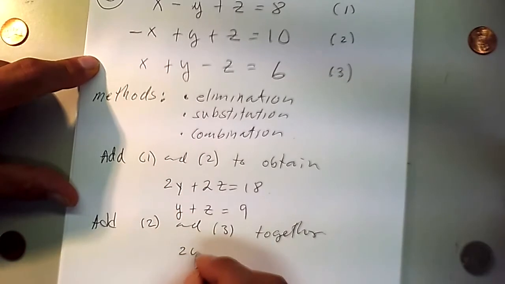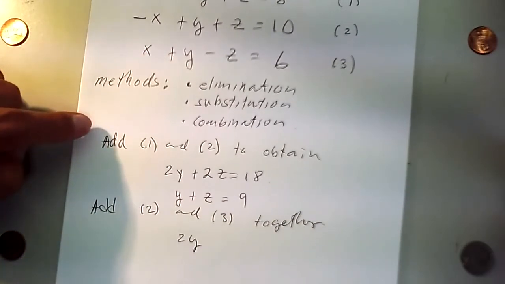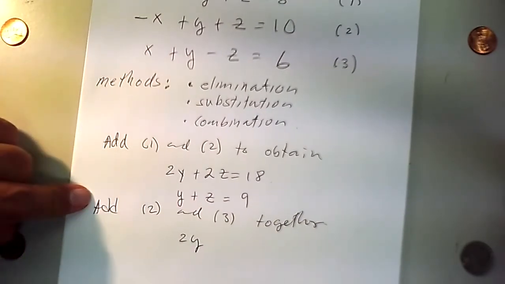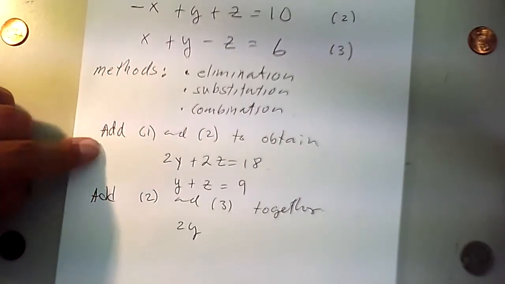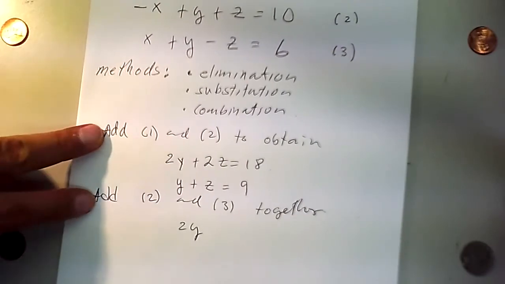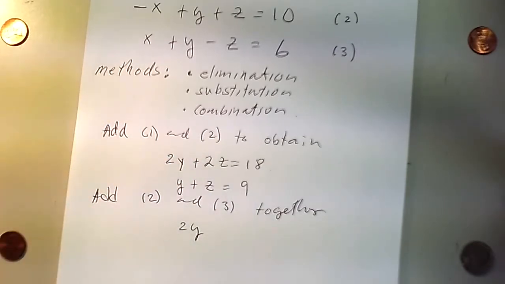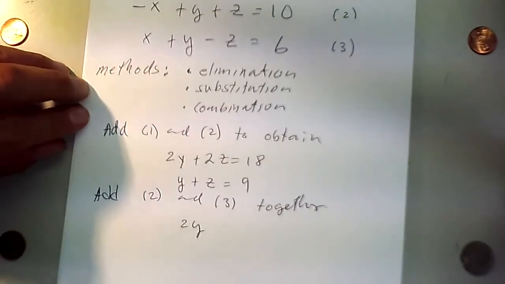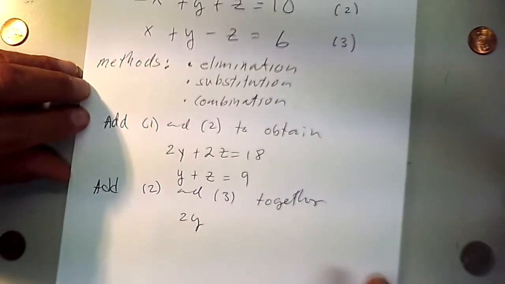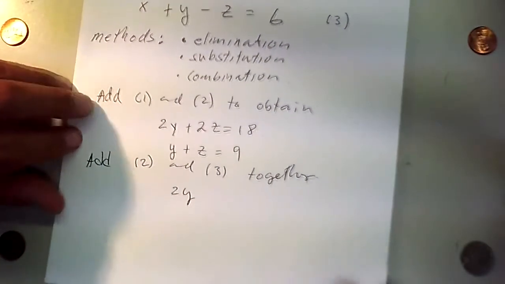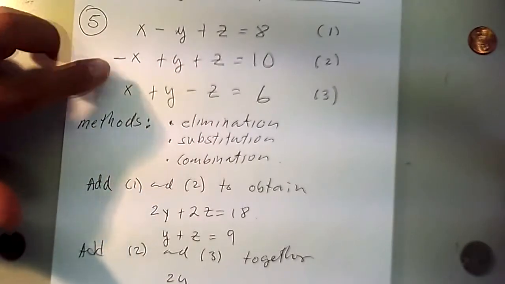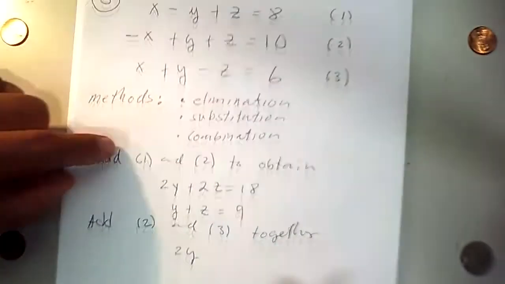And it is a good idea to write down what you're doing. You may be thinking, well, all we care about is the solution. Yeah, but we want to have a systematic way of working the problem out, and we want to be able to go back and check if we did anything wrong. Anyway, adding those two together gives us 2y equals 16.